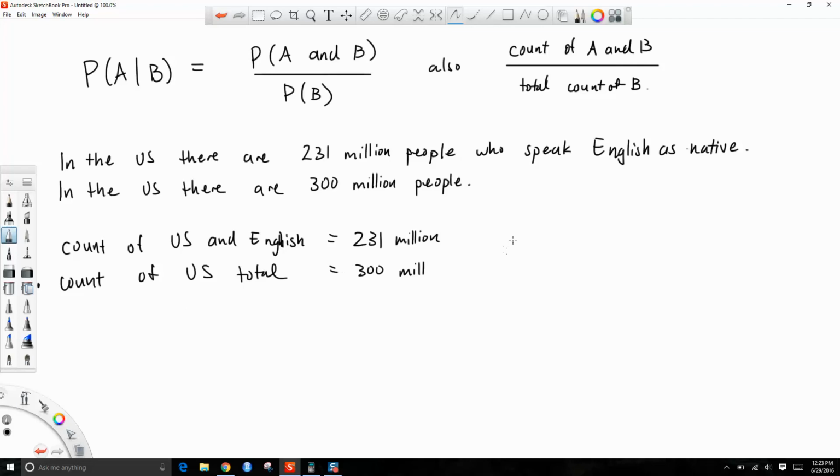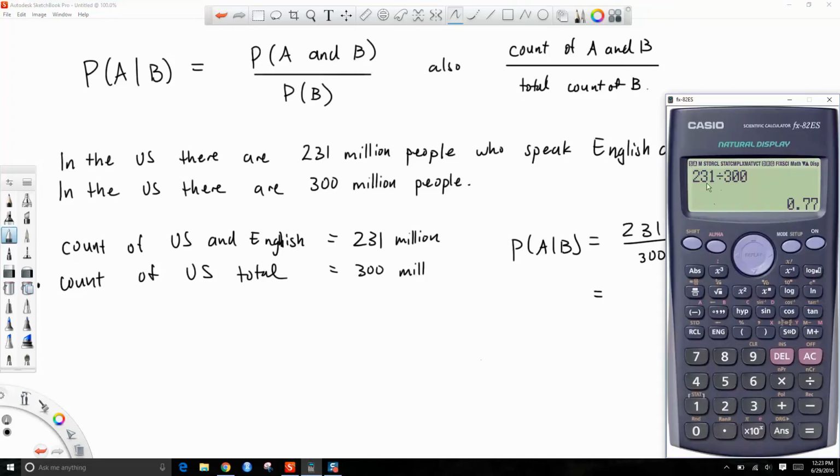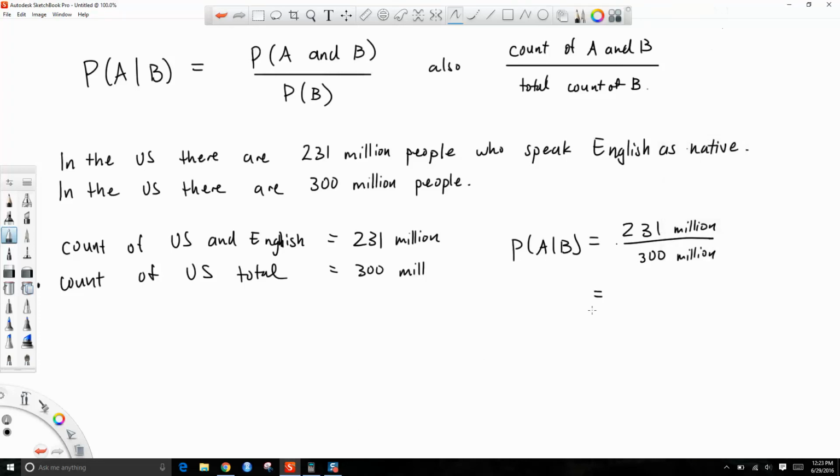So the probability of A given B is going to be 231 million divided by 300 million. And that is 231 divided by 300, 0.77.